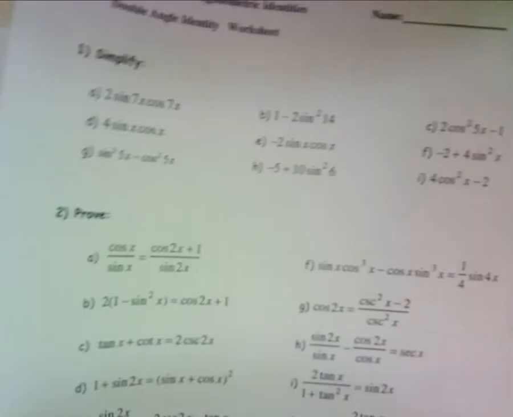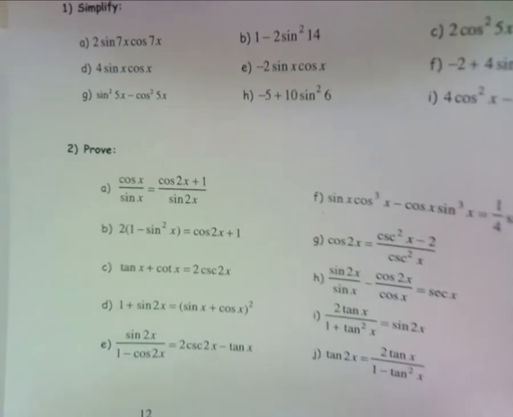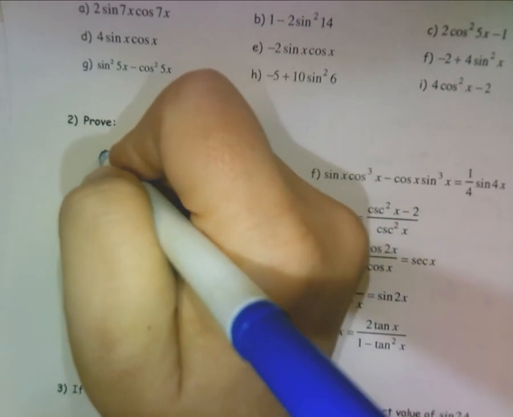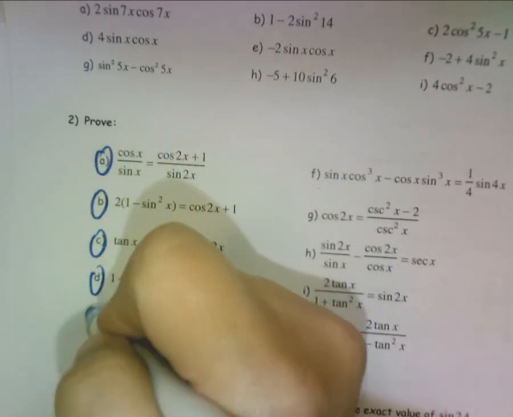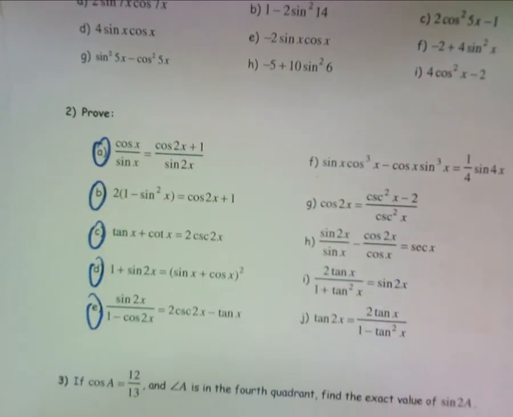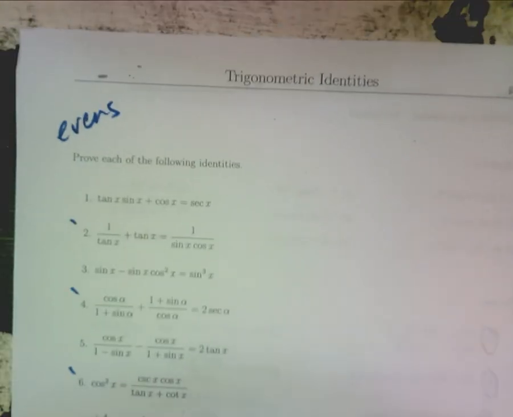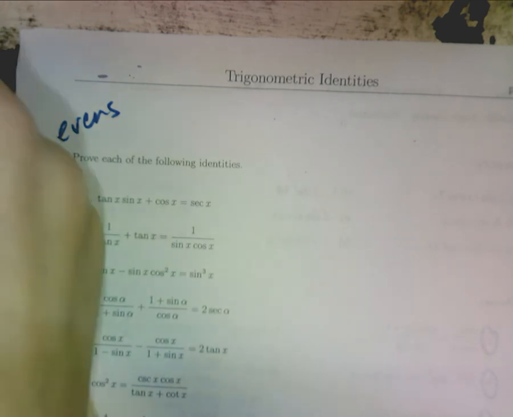On the back side, go to the middle section where it says prove, and you're just doing A, B, C, D, and E. Now, I'm going to be dead honest with you. They're hard. They're supposed to be. They're going to stretch your brain. You need to practice them. You have to manipulate. Okay?